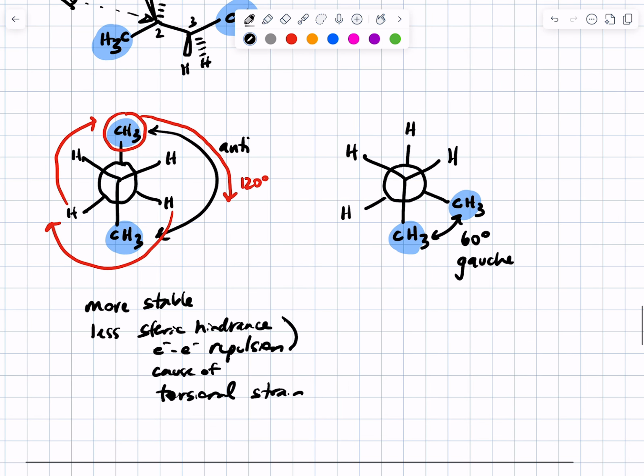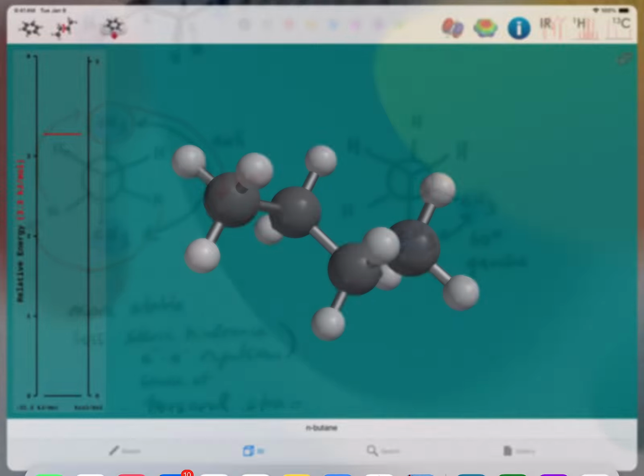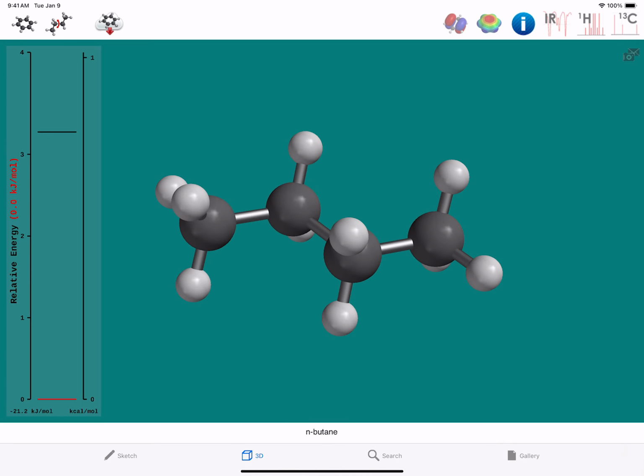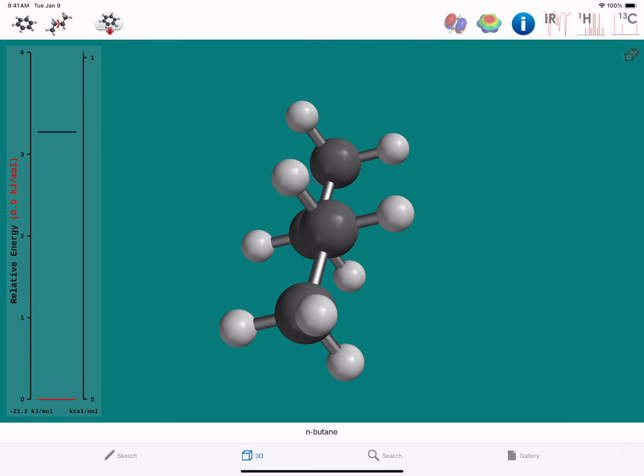And it may not be immediately obvious why those two methyl groups are sterically repelling each other in the gauche conformation. To show this, it's helpful to have a space-filling model. And so here is butane, and here is the anti-conformation of butane as we outlined it.